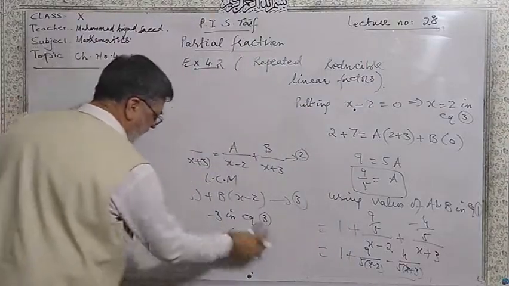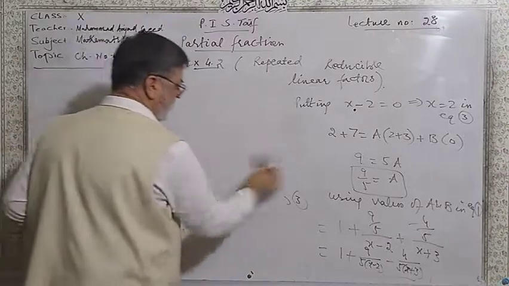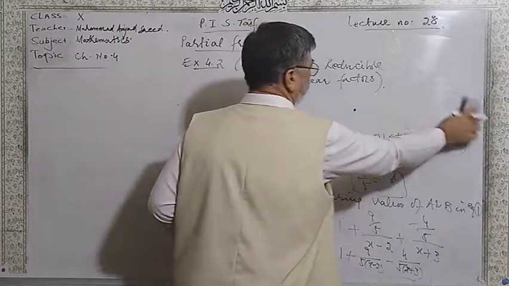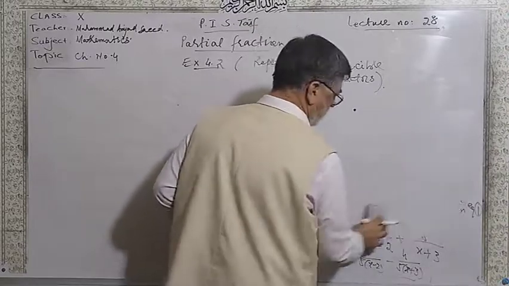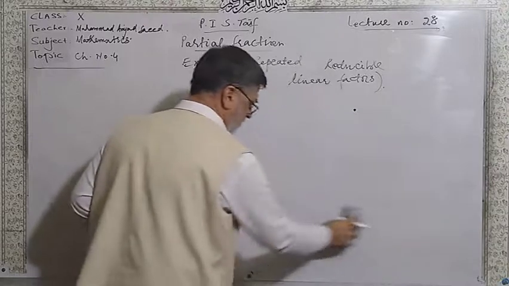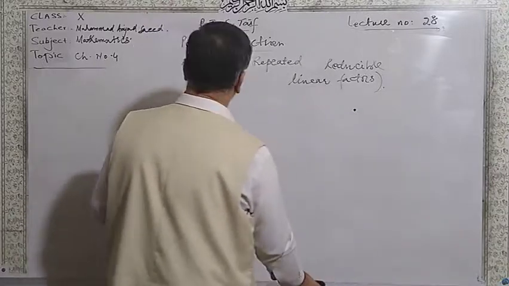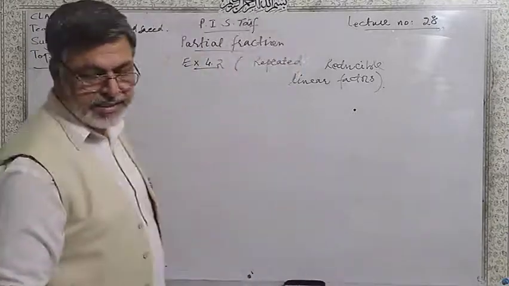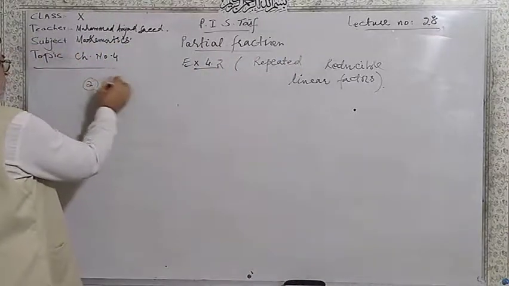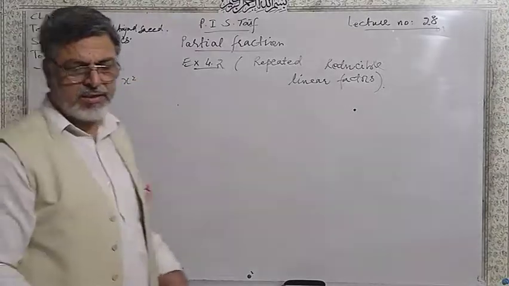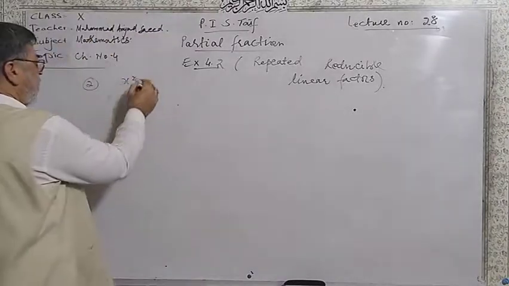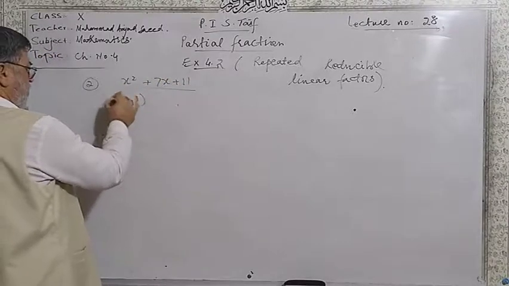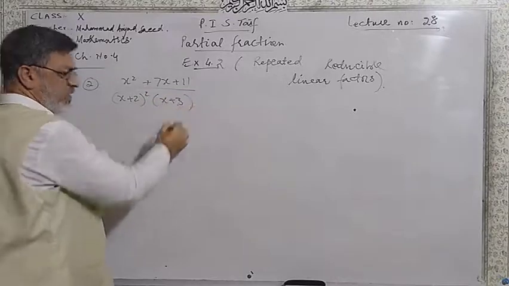In exercise 4.2, the nature of the questions are repeated, reducible, linear factors, linear denominators. This is number 2, x squared plus 7x plus 11 divided by x plus 2 square into x plus 3.